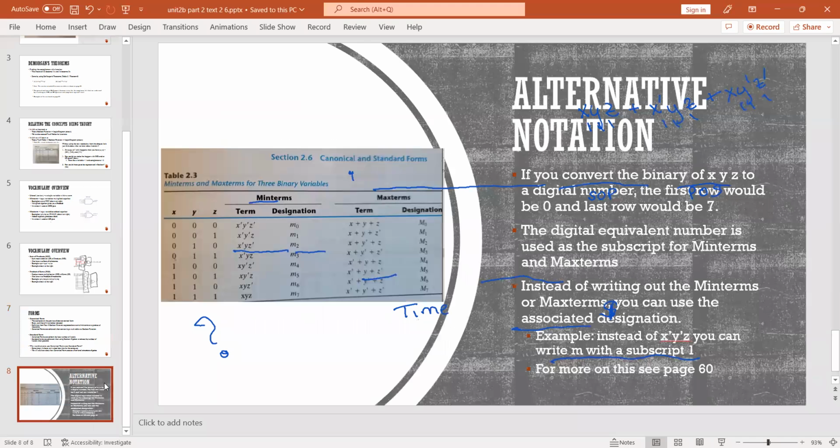So the last thing I just wanted to talk about was alternative notation. So when you're looking at the table 2.6, you will notice that because there's 3 terms, right?